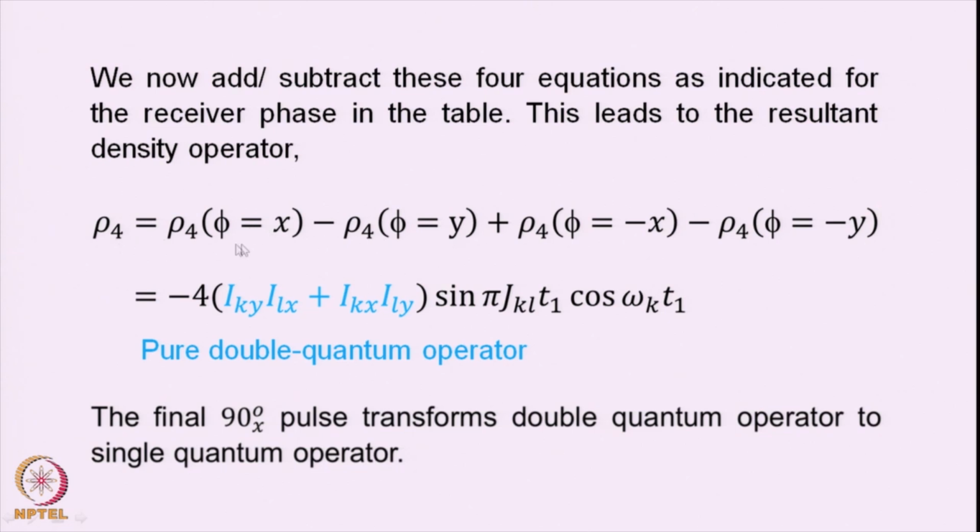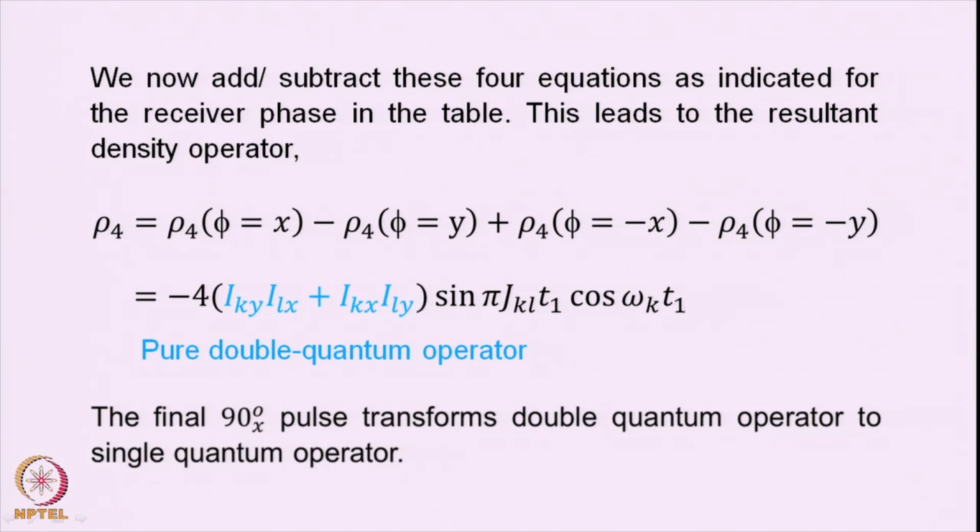So, the results of the 4 experiments which we have done here, if I do an addition, subtraction, addition, subtraction of these 4 density operators, what do I get? This algebra one can do very easily, and you will find that I get minus 4 times iky Ilx plus ikx Ily, times sin pi j k L T1 cosine omega k T1.